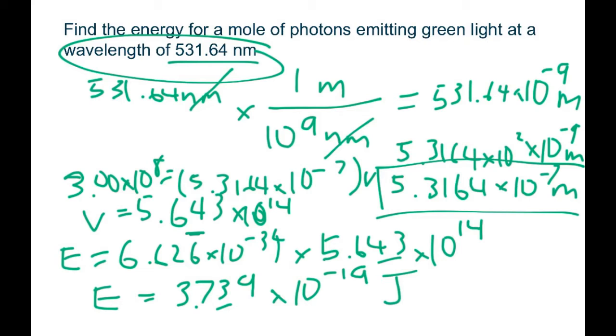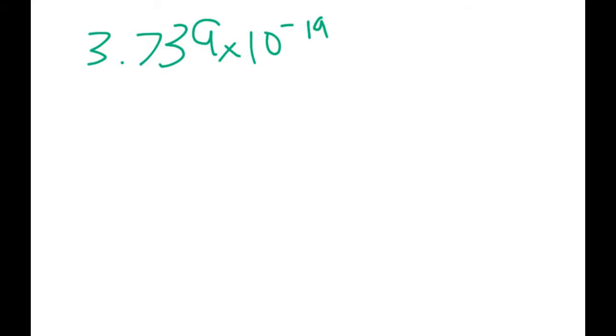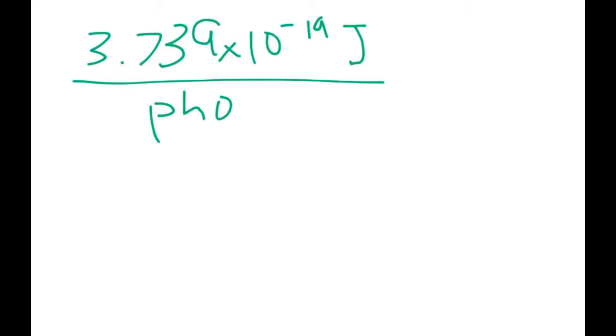And keep track of your sig figs because we are not done. This is for a single photon, so on our next page, we will write this answer, 3.739 times 10 to the negative 19 joules, and this is for a single photon, but we want it for a mole of photons.